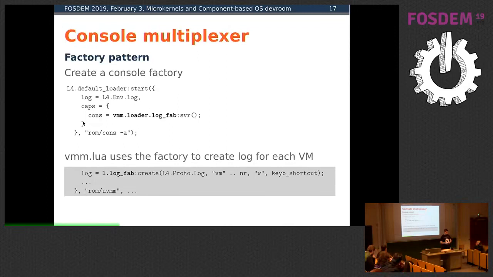Then in the vmm.lua script, there is code which uses this capability to create a new multiplexer. And the new multiplexer is basically a new IPC gate object, which is then passed to the log capability of the uvmm process.